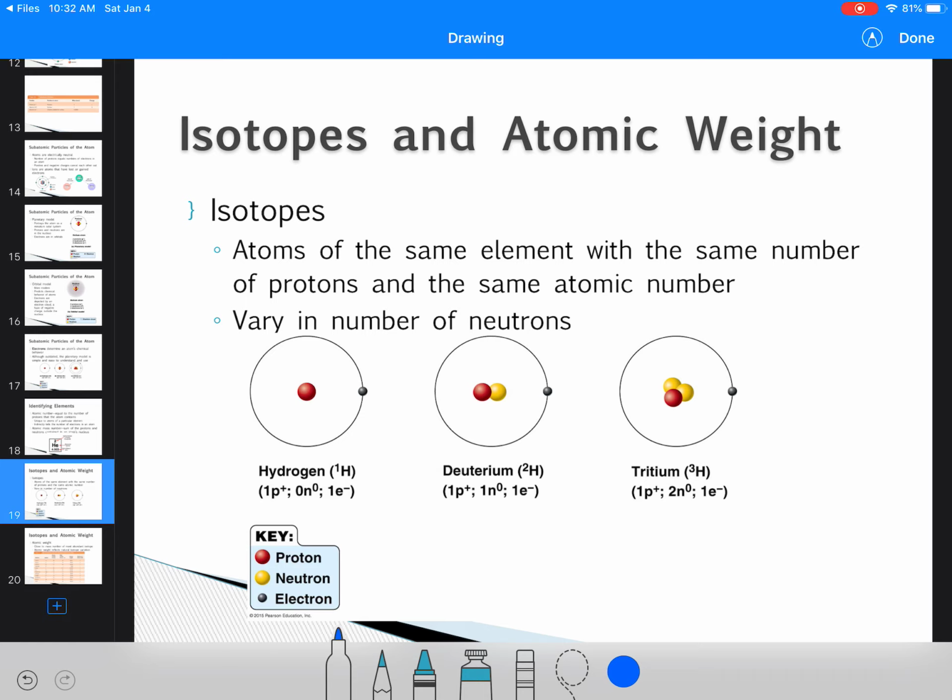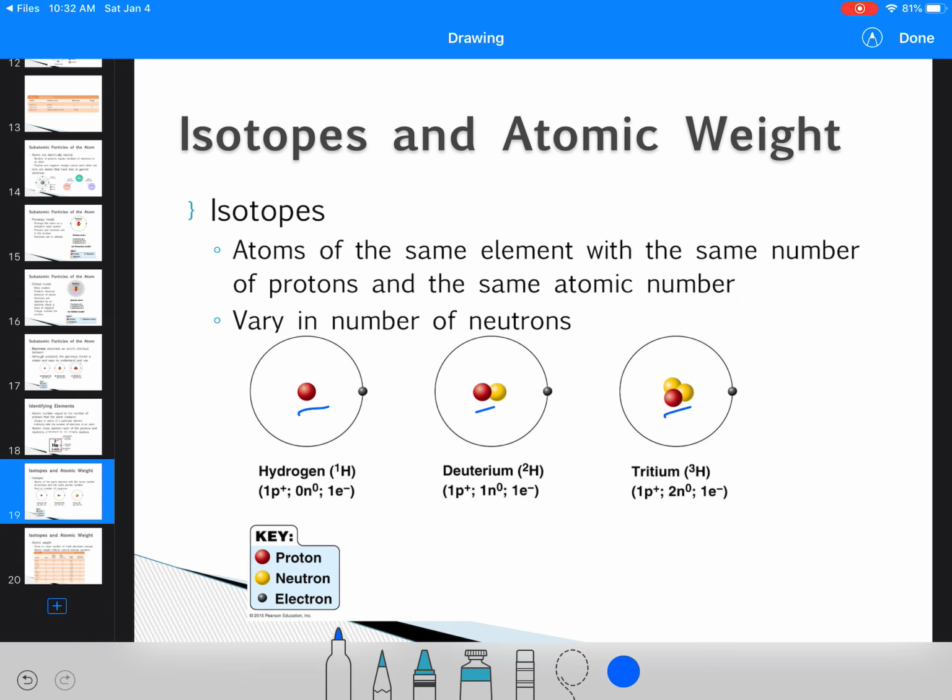Remember, the number of protons tells you what element you are looking at in the periodic table. Since each one of these isotopes here has 1 proton, one of those little red guys, we know that all 3 of these are the element hydrogen. Now, as you can see, each of these has a different number of neutrons. All right, so the first one has no neutrons.